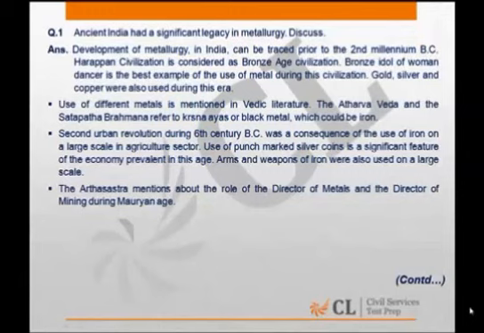Suppose we think about this question: ancient India had a significant legacy in metallurgy. Discuss. The question uses the word discuss. Though this is an information based question, you can wind up this question with a conclusion as well.